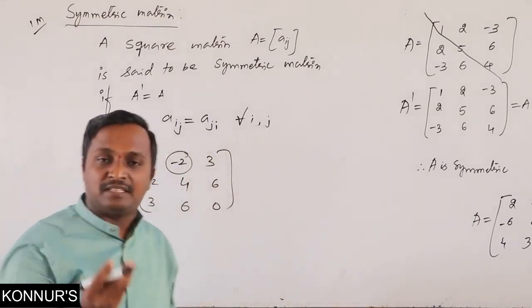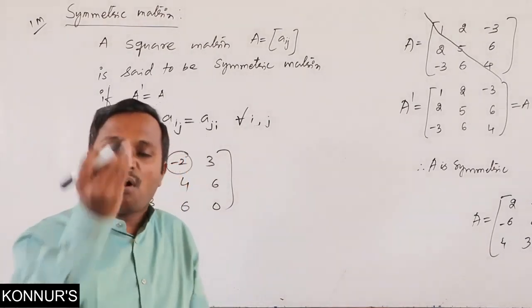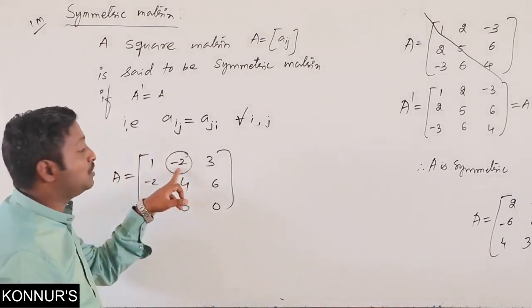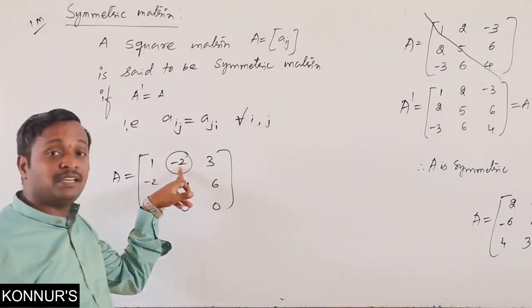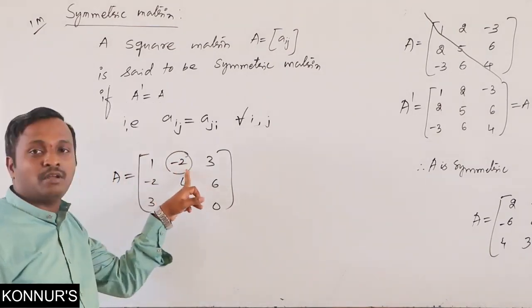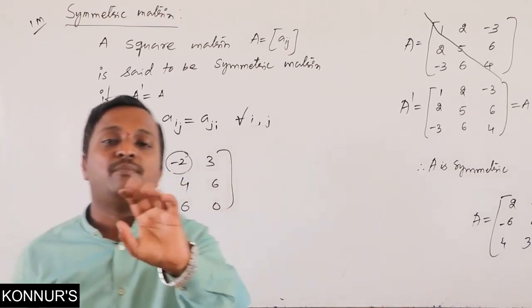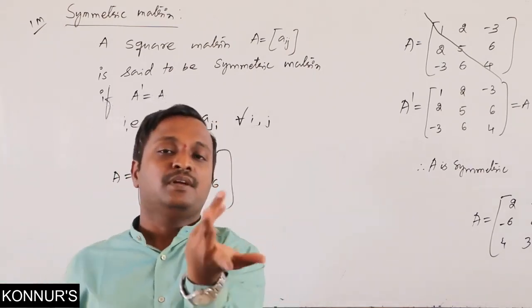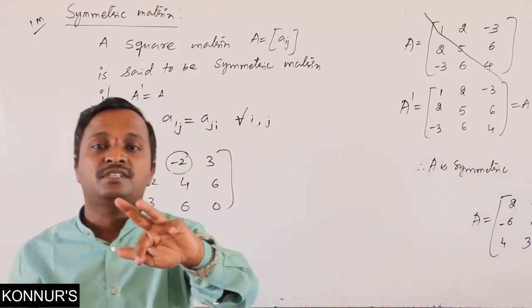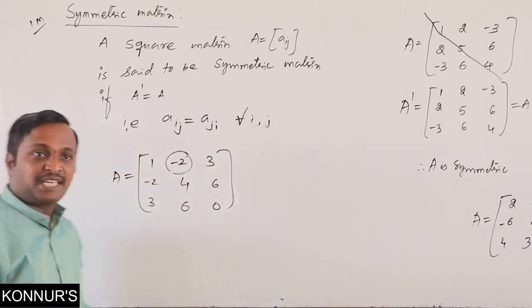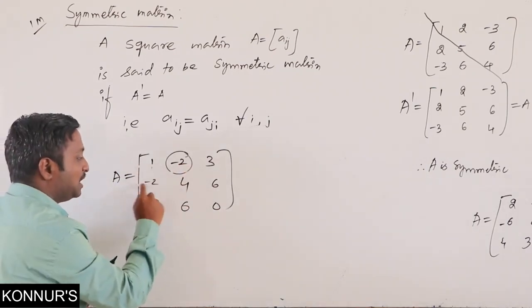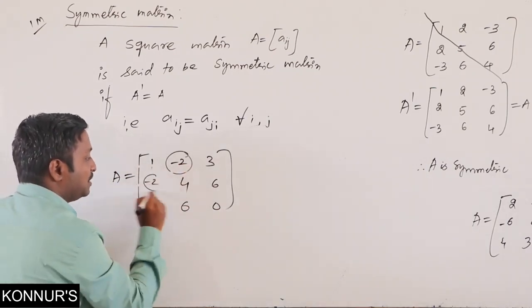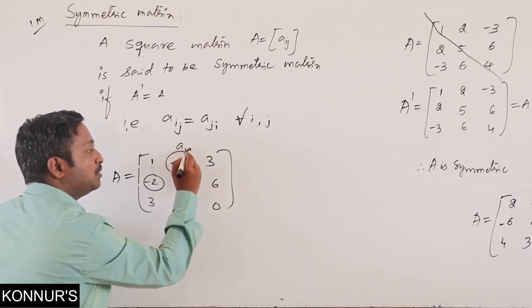Okay? What do I find? This is a position. Can you remember the point I said? What is the position of minus 2? First row, second column. Interchange it. What happened? First row, second column becomes second row, first column. This is A1,2, isn't it?